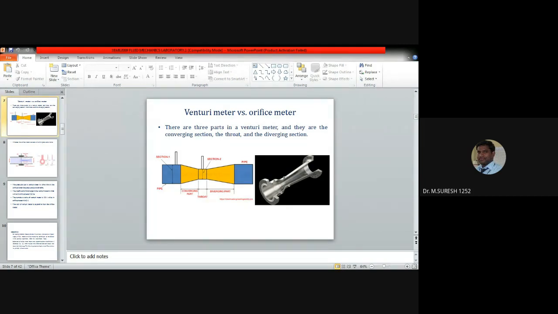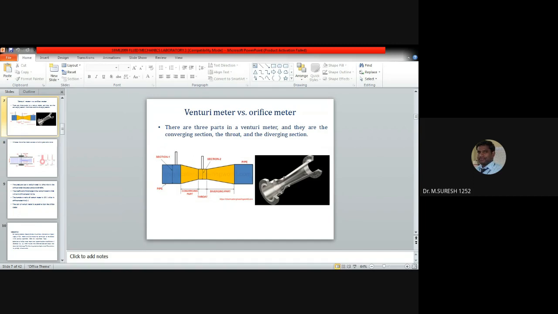The main difference between orifice meter and venturi meter: the pressure loss in the venturi meter is 10%, whereas in the orifice meter the pressure loss will be 50 to 60%. First, regarding the coefficient of discharge, the CD value of the venturi meter is 0.98.